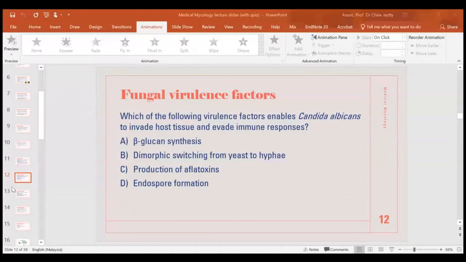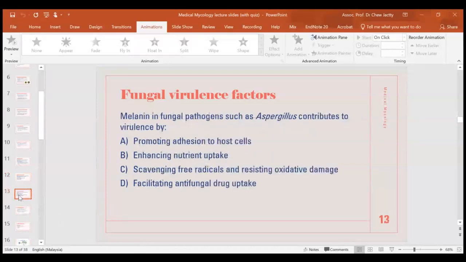If we go to the next one, I think there's one more question. Melanin in fungal pathogens such as Aspergillus contributes to virulence by promoting adhesion, enhancing nutrient uptake, scavenging free radicals and resisting oxidative damage, or facilitating antifungal drug uptake. So you see, C, it cannot be D, okay?